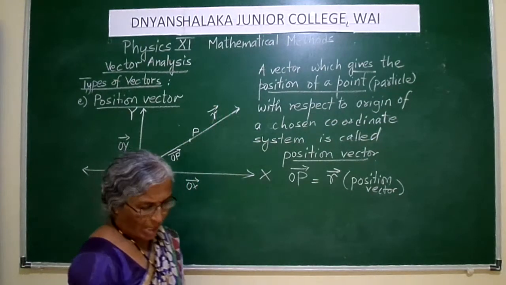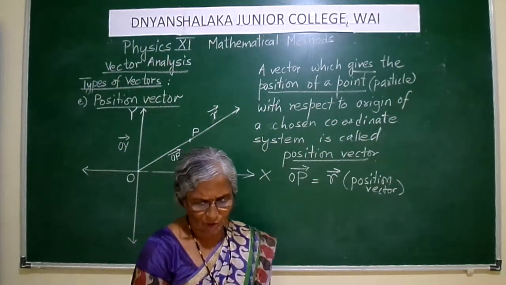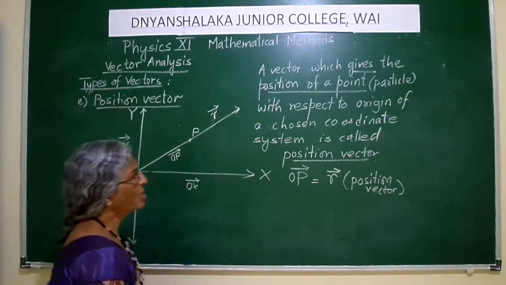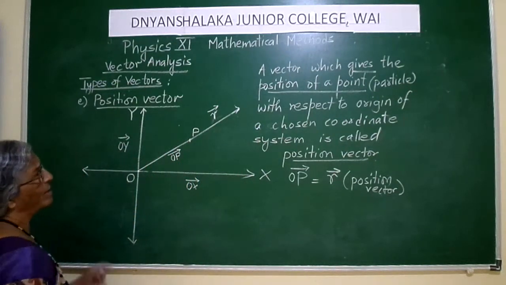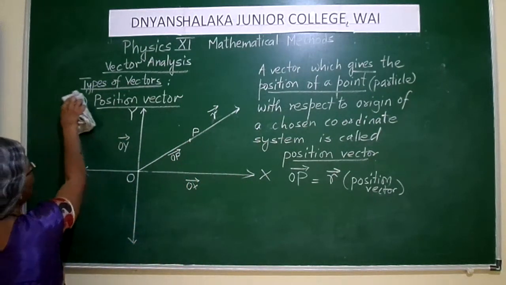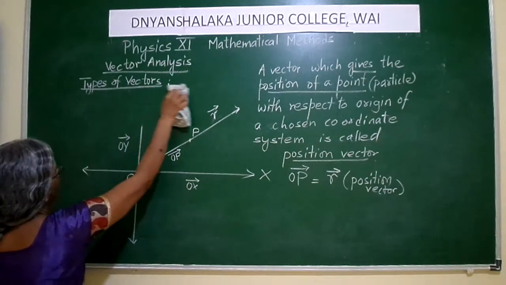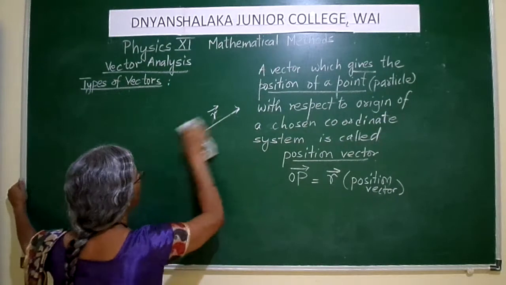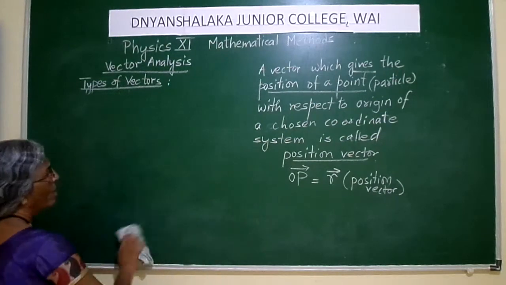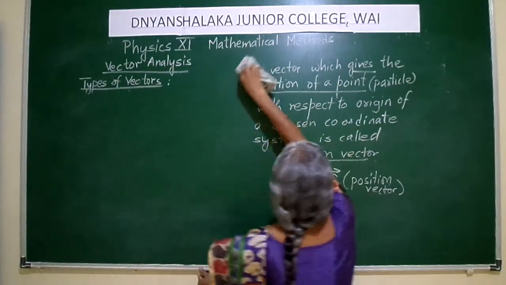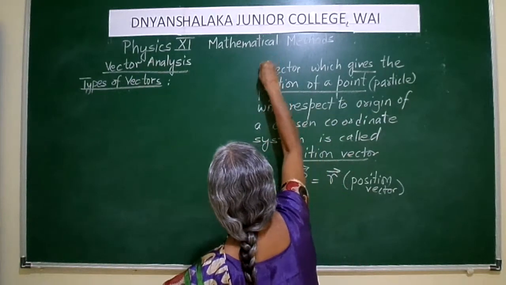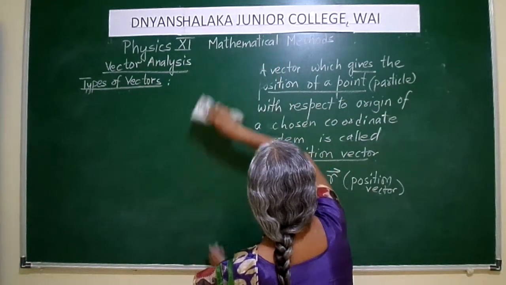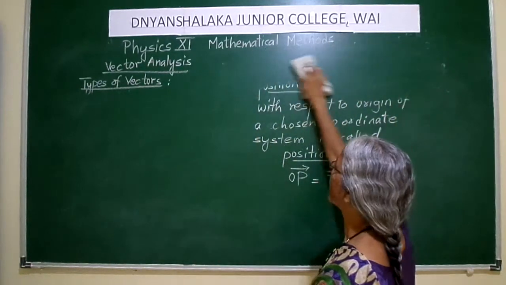Okay. Now from the position vector, we pass on to the next type of vector, and that is a unit vector. What is it? A unit vector. You have to write down those definitions. Everything should be there in the notebook.